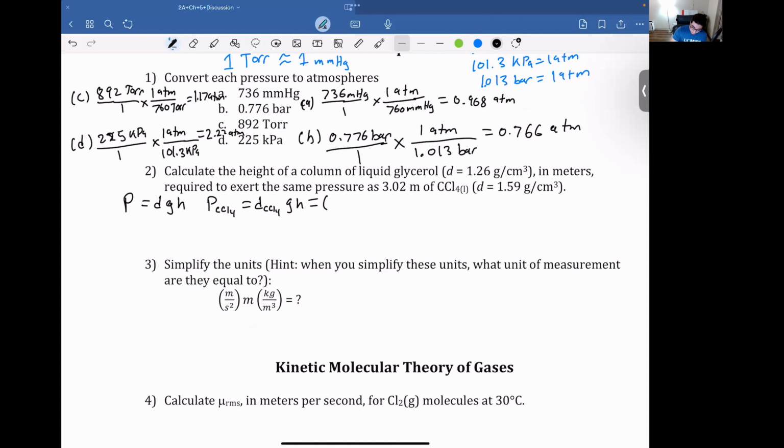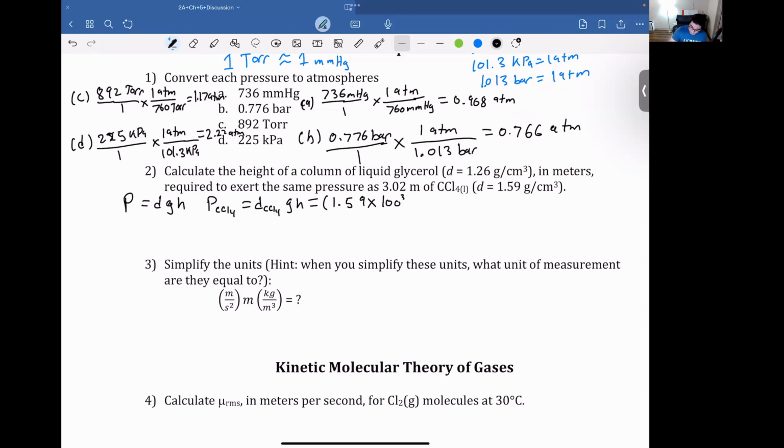so one thing you do want to be aware of is this is in grams per centimeter cubed. We're going to want this in terms of kilograms per meter cubed. Actually, grams per meter cubed works fine too. So this is 1.59 times 100 cubed.